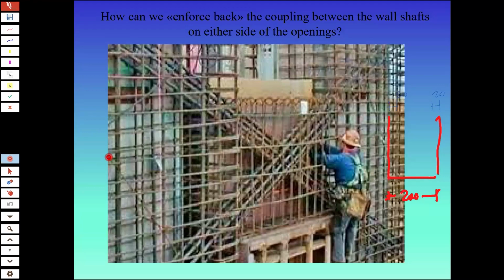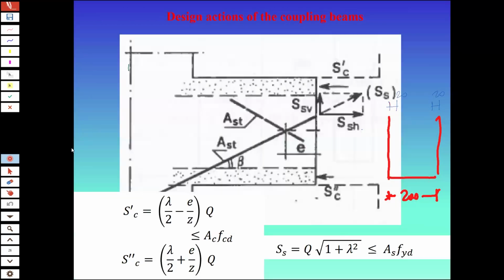This is because you must provide a minimum, we call it technological reinforcement. It's a reinforcement that you do not bring into any kind of design equation, but simply because you never leave concrete with no reinforcement for more than a certain distance.